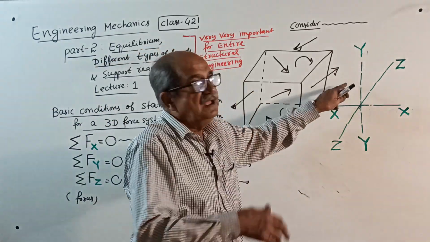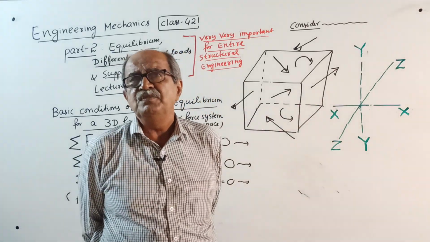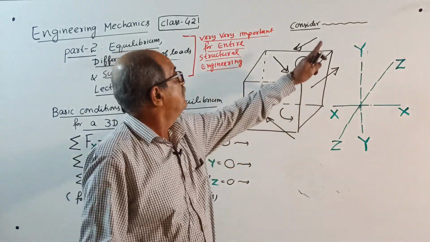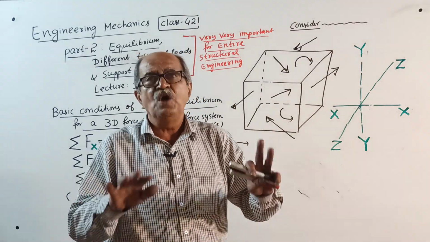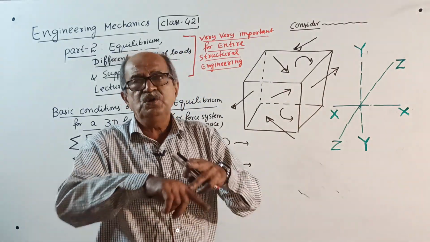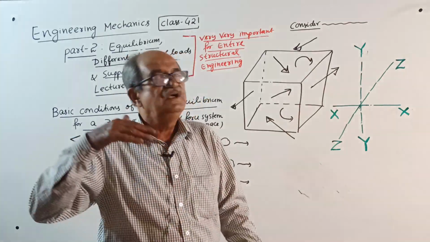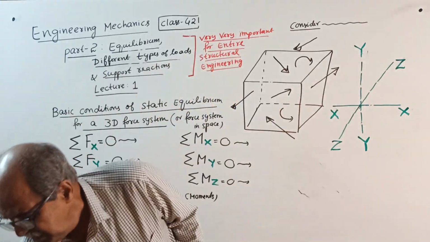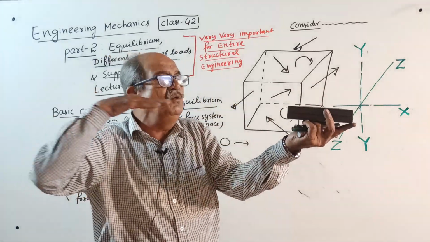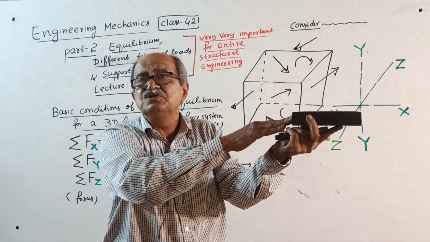Now, for a body to be in equilibrium, as I told just now, it should neither move nor rotate. For the body not to move and not rotate, there are conditions. Usually, force will cause movement. See, force will give translation. It can give rotation also.